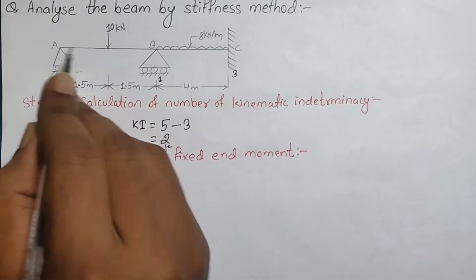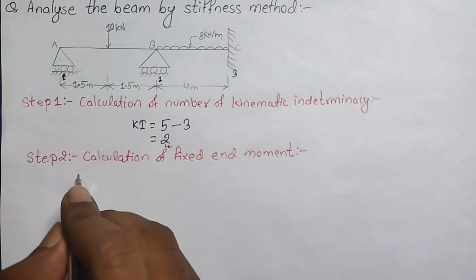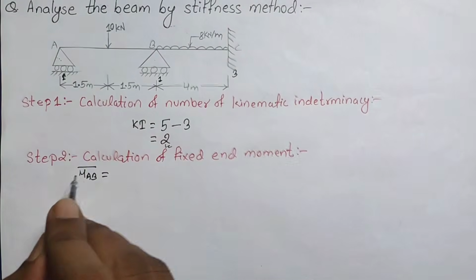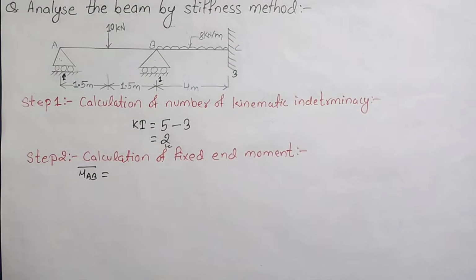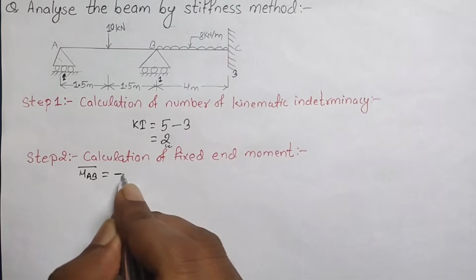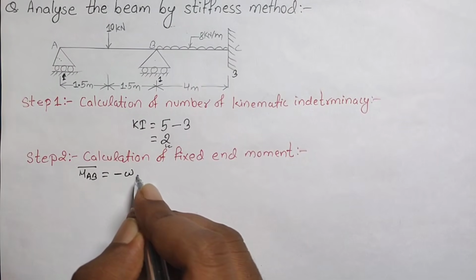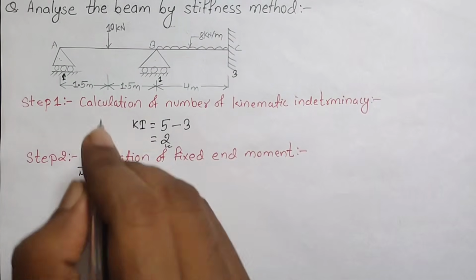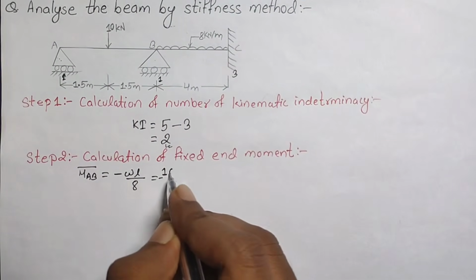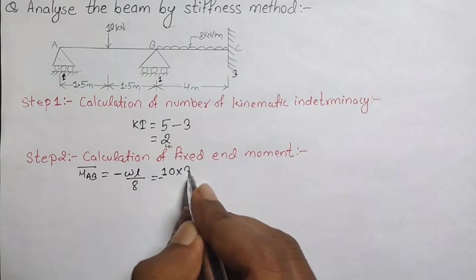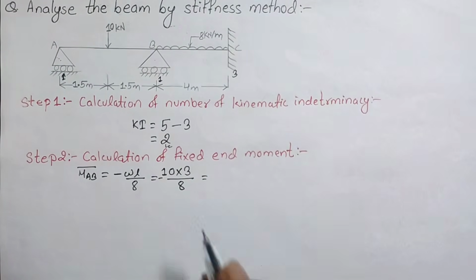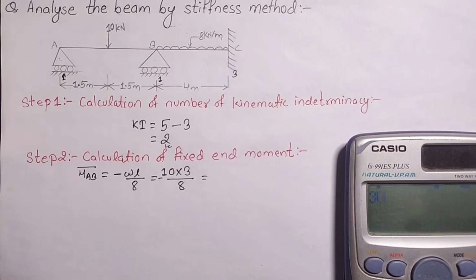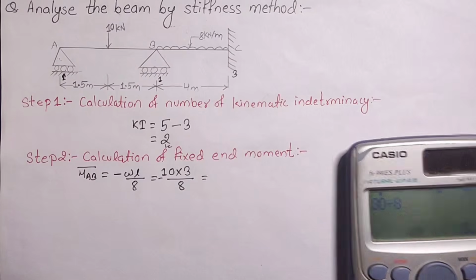So guys, if I calculate the fixed end moment at end A, it will be given as MAB, where the fixed end moment is denoted by this cap, and MAB equals minus WL by 8. The loading is 10 kilonewton, so minus 10 into L, which is 3, divided by 8, means 30 divided by 8, which equals 3.75.